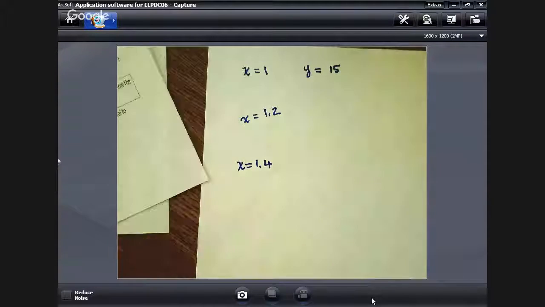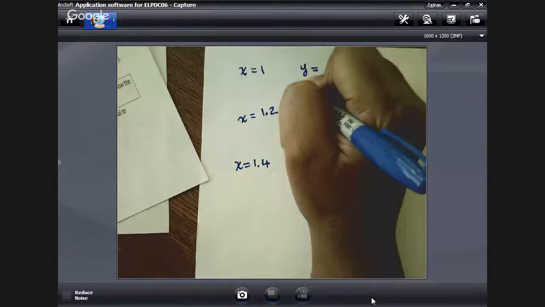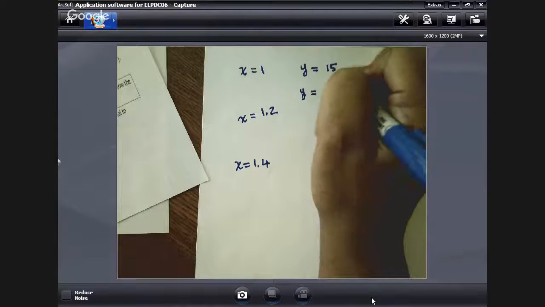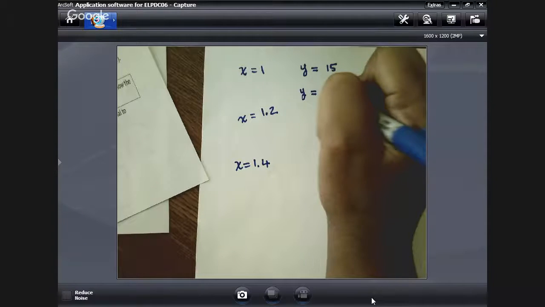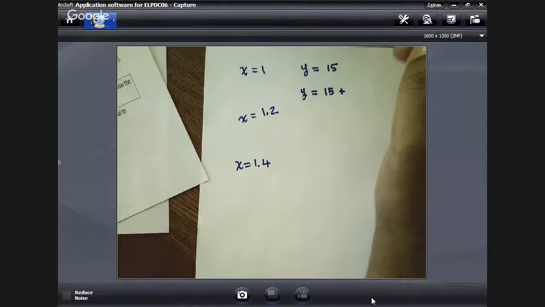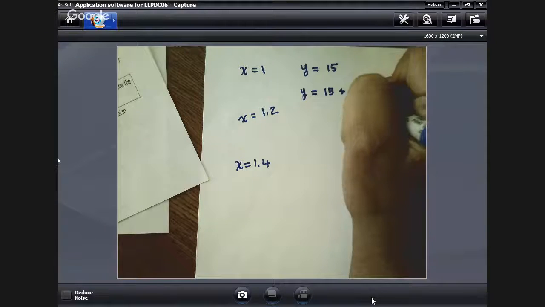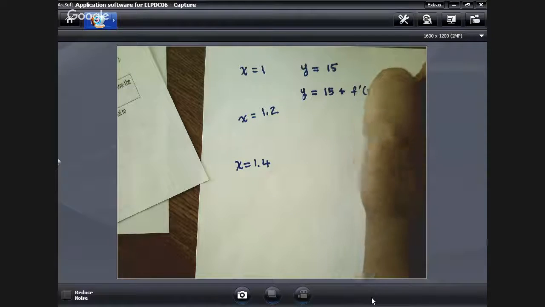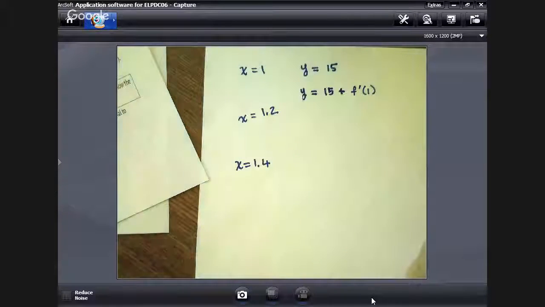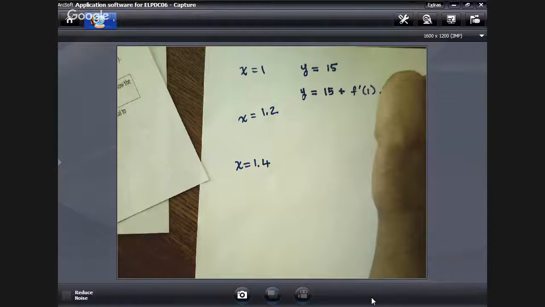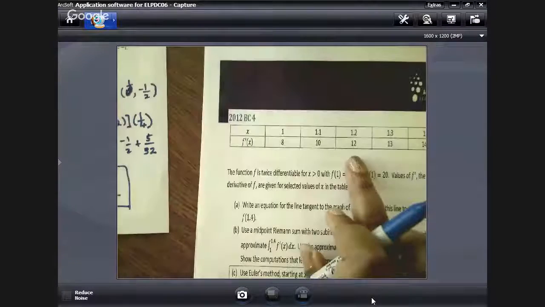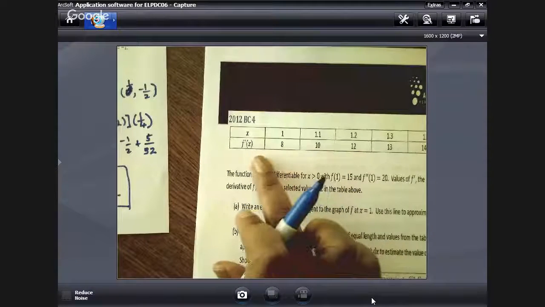So finding my new value would require me to pretend I'm writing an equation for a line. Y equals the y coordinate we know, 15, plus dy dx, which at f of 1 would be f prime of 1, times dx, which, as you can tell here, I'm going up by 2/10, which is 0.2. I look around and I notice, up here in the table, I actually have f prime of 1.